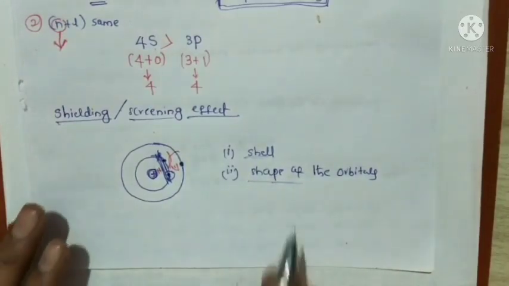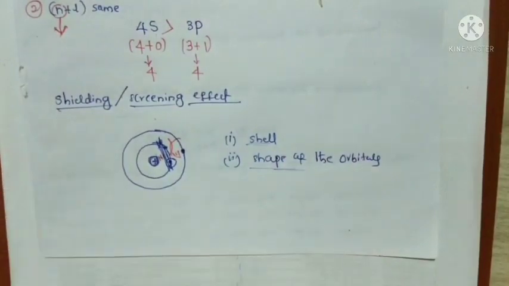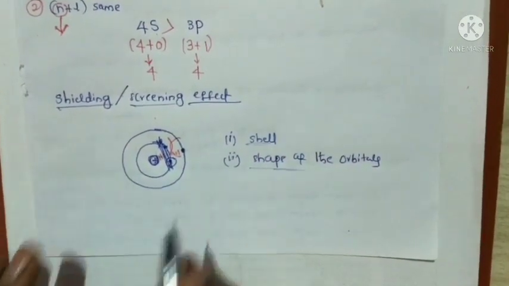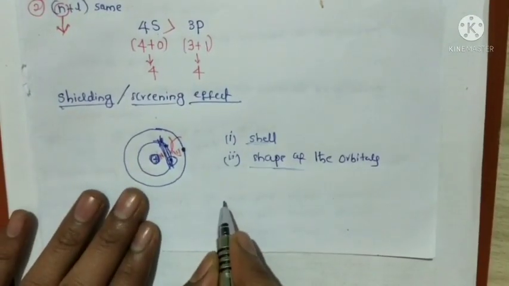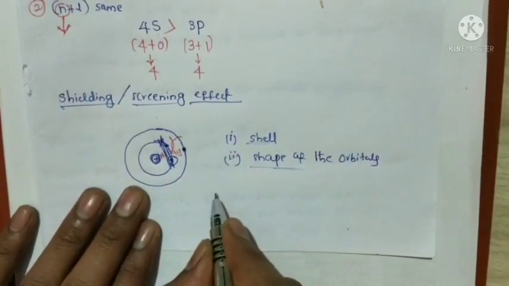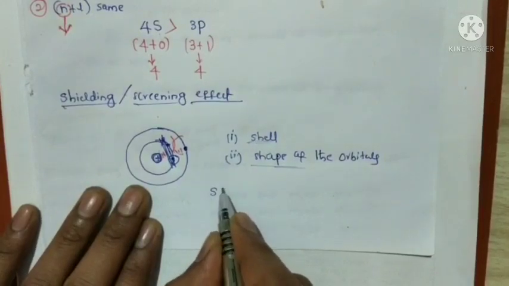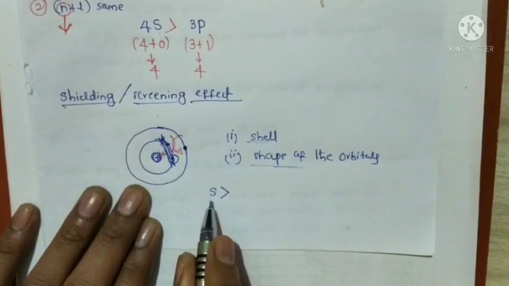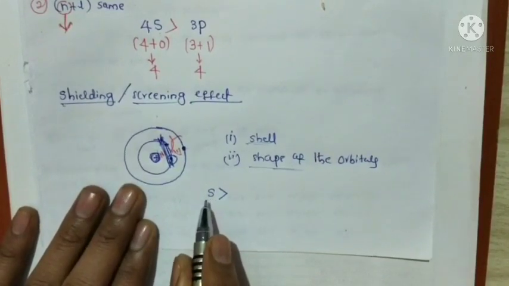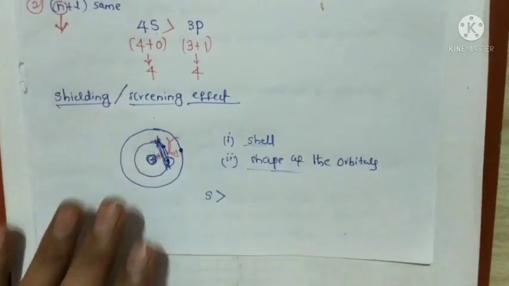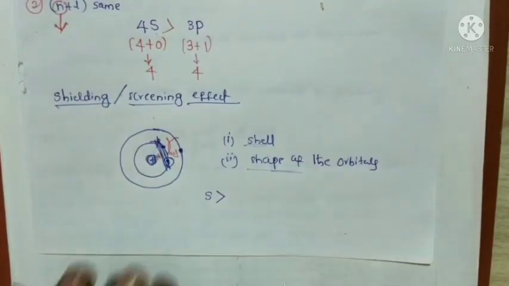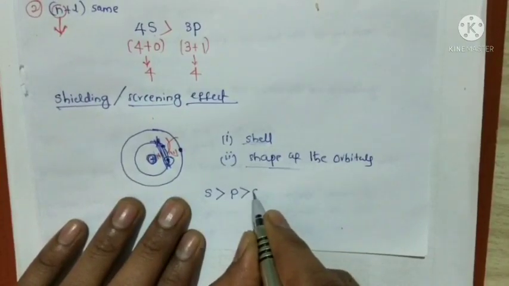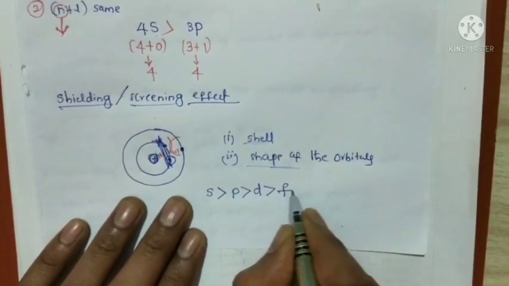So from this we can conclude that the electrons present in s orbitals are more shielded. So s orbital has a more shielding effect. If the electrons are present in s orbital, those electrons shield the nucleus power more. Next p orbital, next d orbital, and finally f orbital.